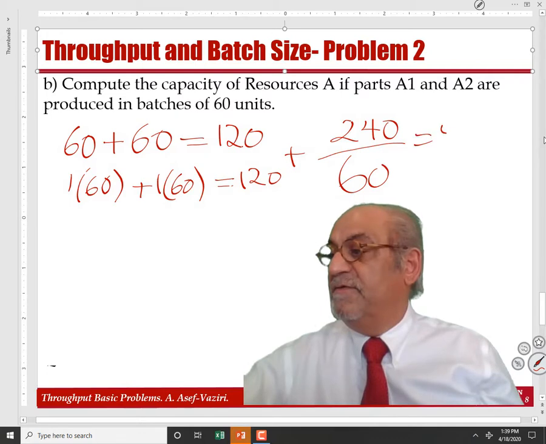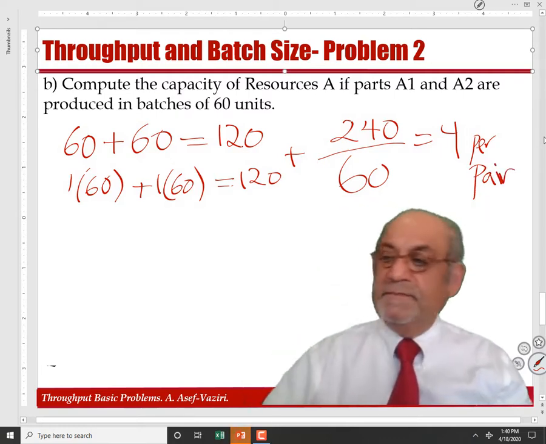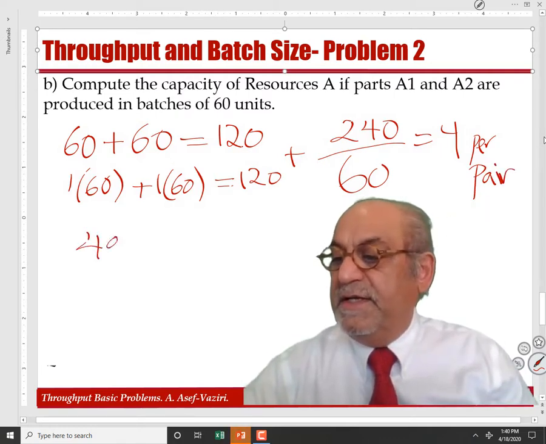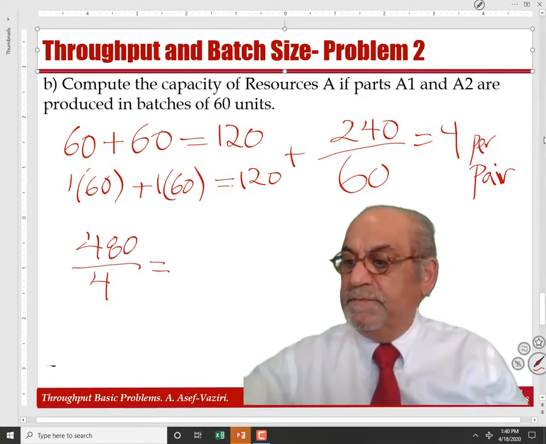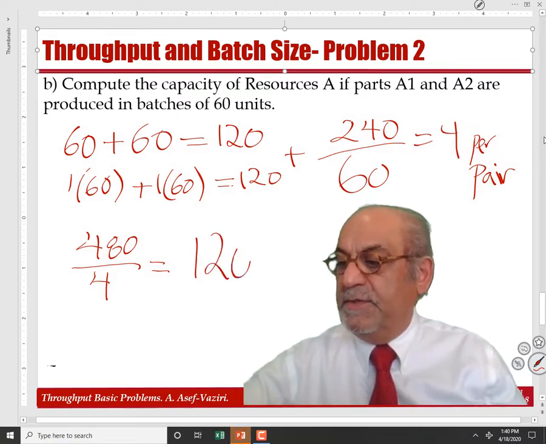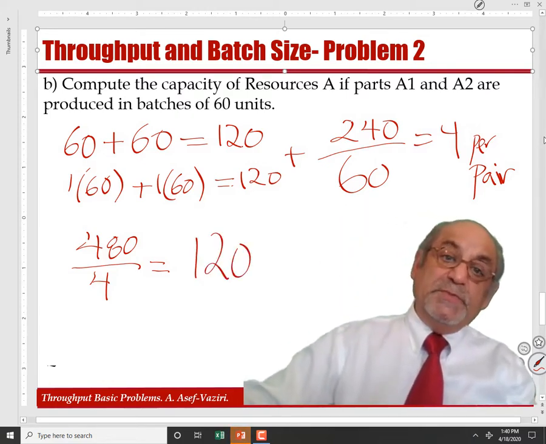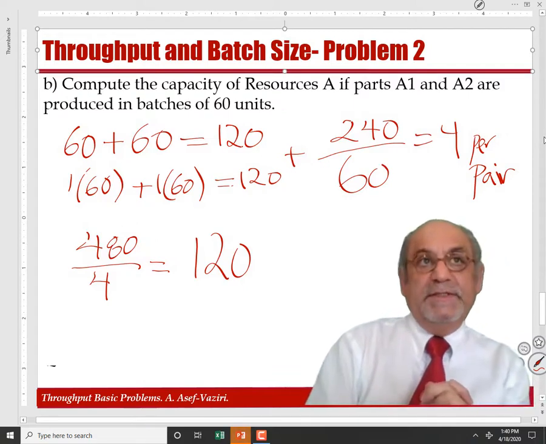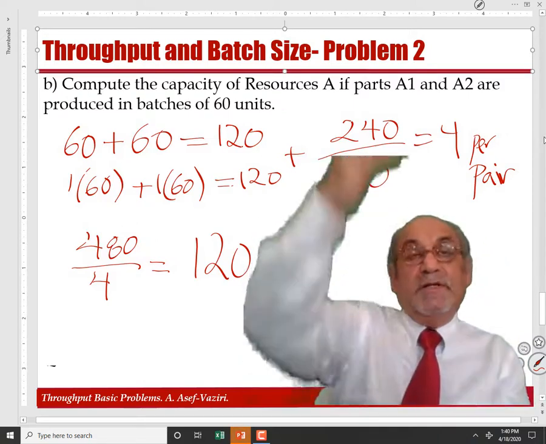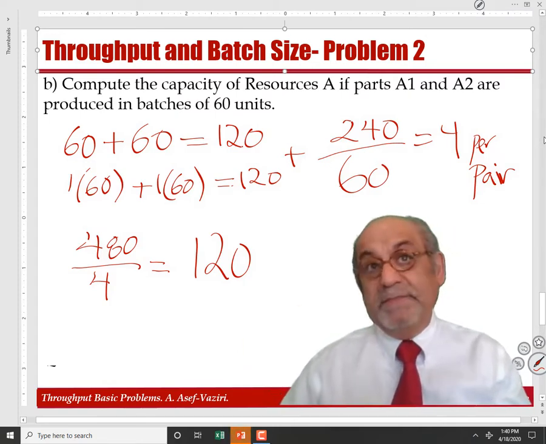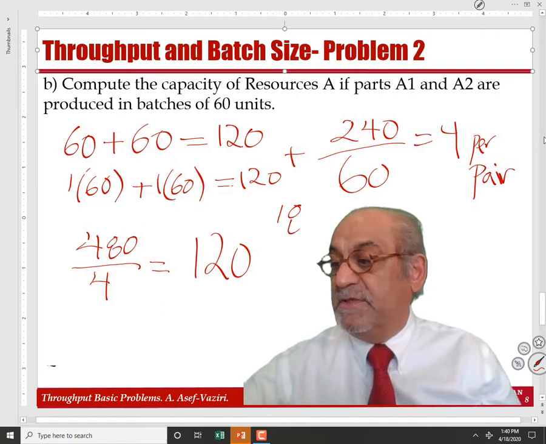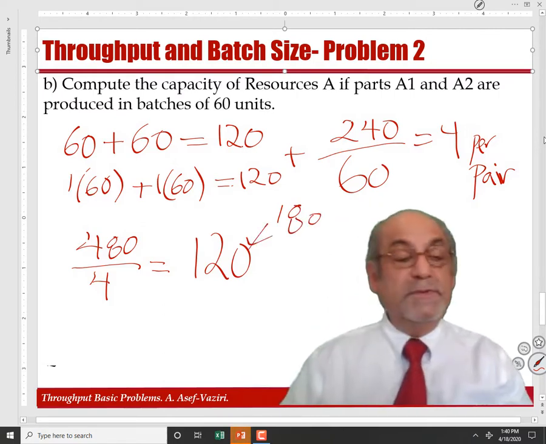So that is 4 per pair. And a day is 480 divided by 4, which is 120. So if we produce at batch of 60, our capacity will come down from 180 to 120. That is the impact on capacity.